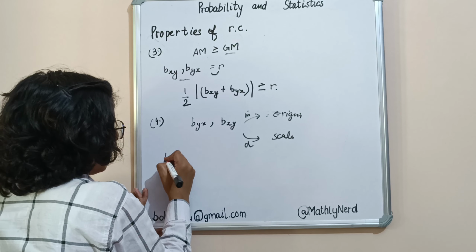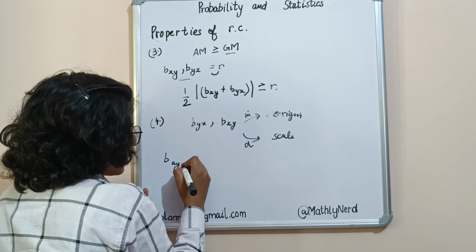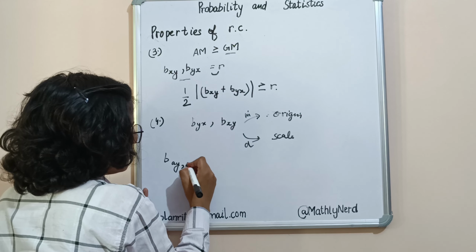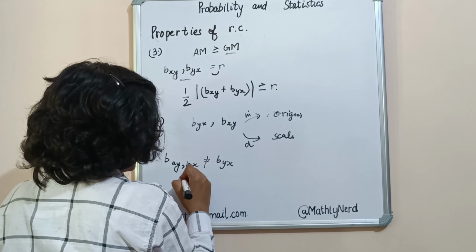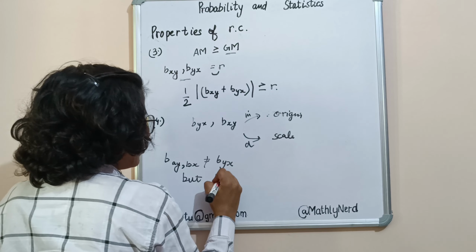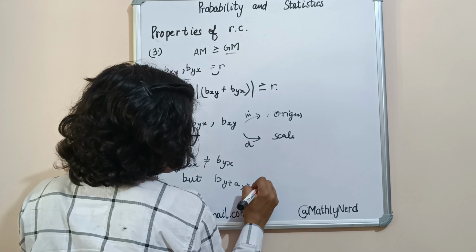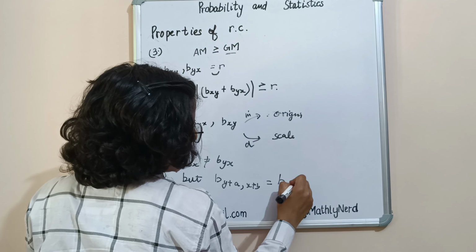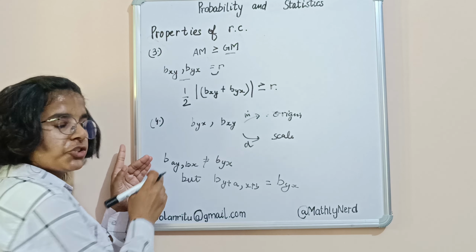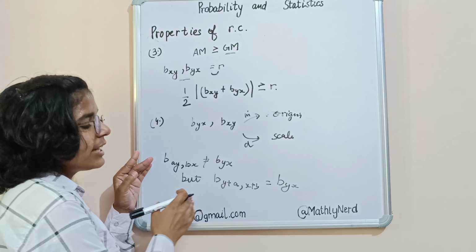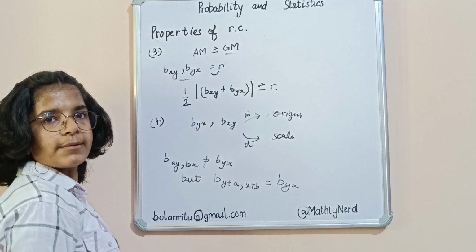That means b of (ax, by) is not equal to byx, but b of (x plus a, y plus b) equals byx. That means if we change the scale, our regression coefficient value will change, and if we change the origin, our regression coefficient value will be the same.